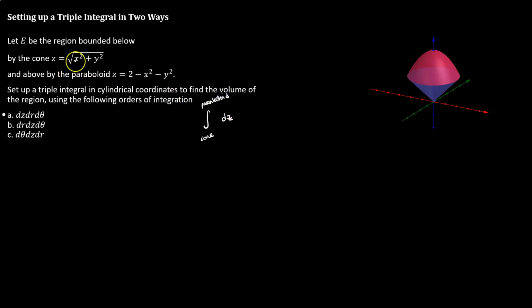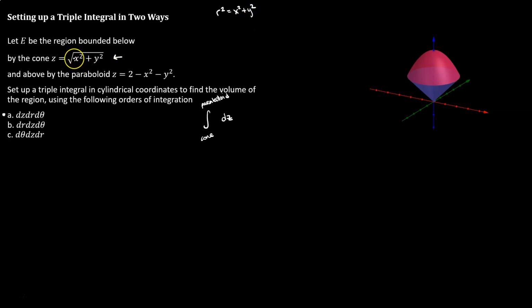And these equations are given to us in terms of x's and y's, but we're not working in terms of x's and y's anymore. We're going to switch over to cylindrical coordinates. So we need to find the equivalent of a cone that's not written in rectangular terms, but cylindrical coordinates. So we'll think back to our equations that translate between cylindrical and rectangular. We'll say, well, I remember that r squared is x squared plus y squared.